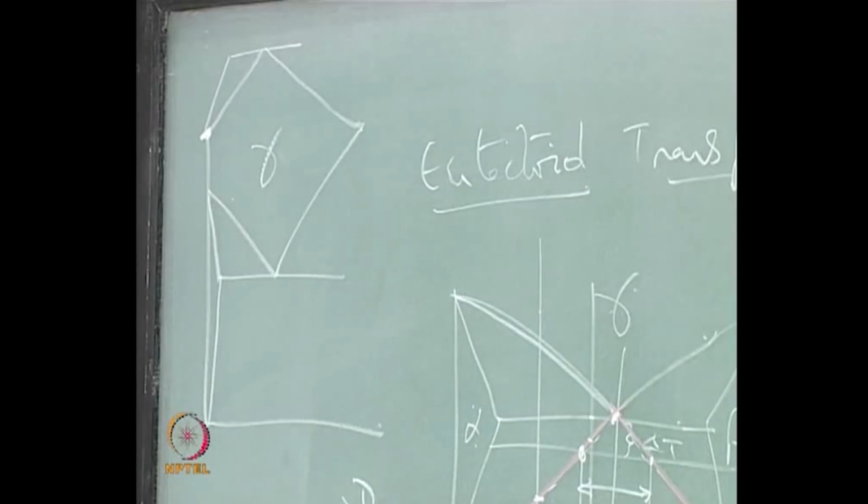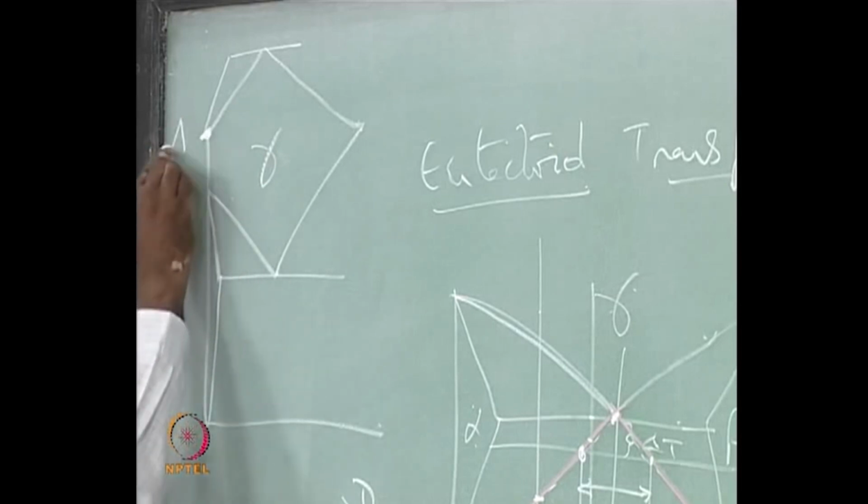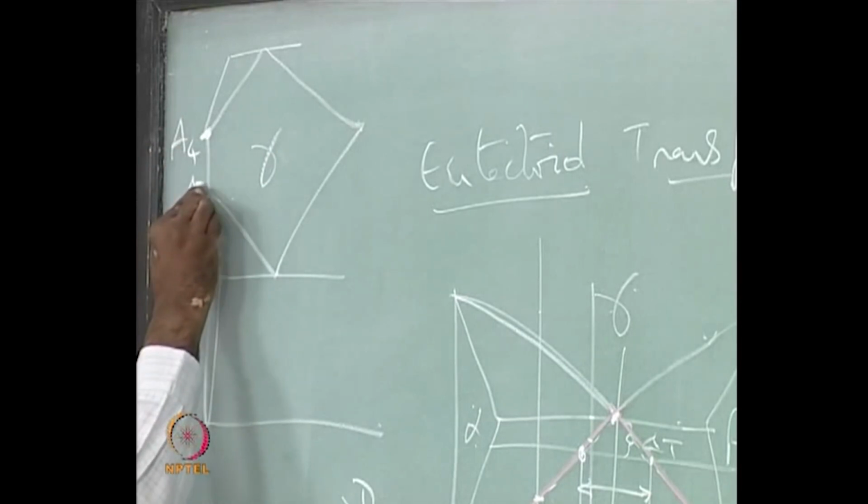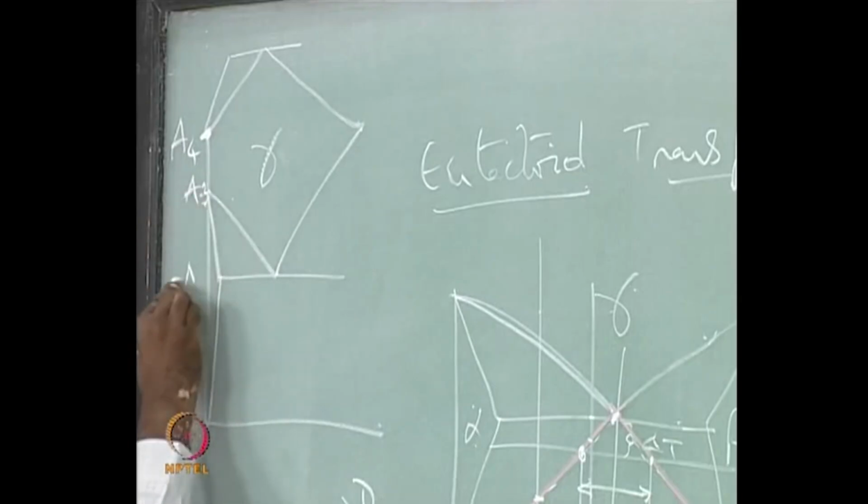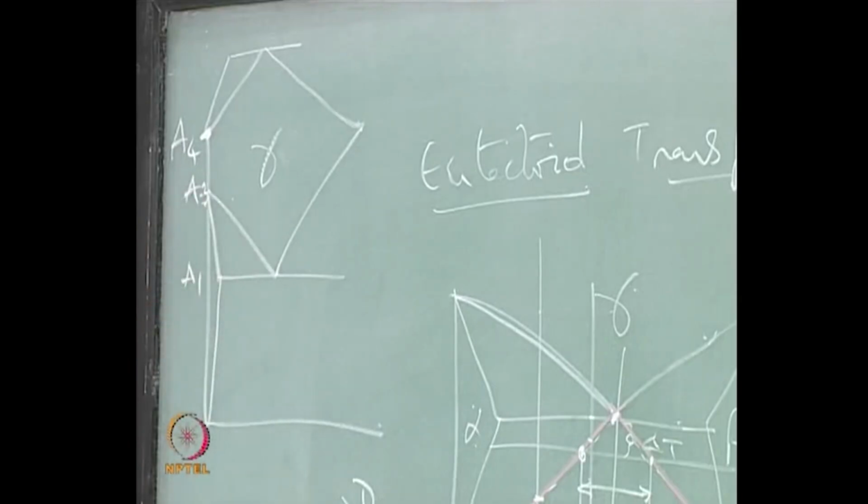What happens there? Gamma to delta. What is the gamma to delta transformation temperature denoted as? A4. It is the A4 temperature. This is A3. This is A1, and obviously there must be A2 somewhere. That A2 is the magnetic transition.